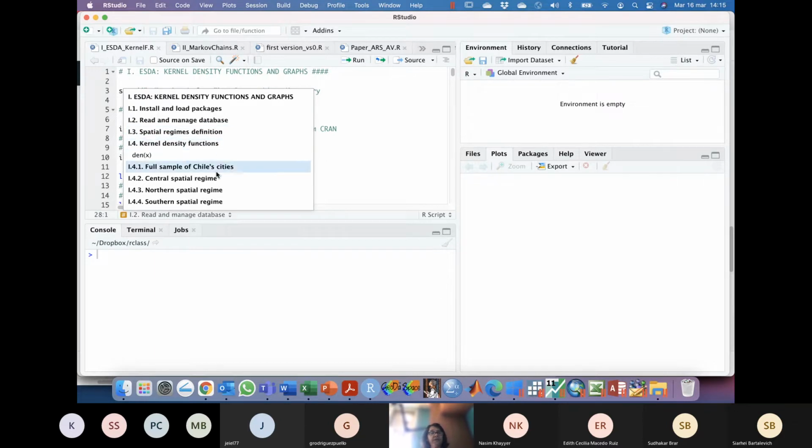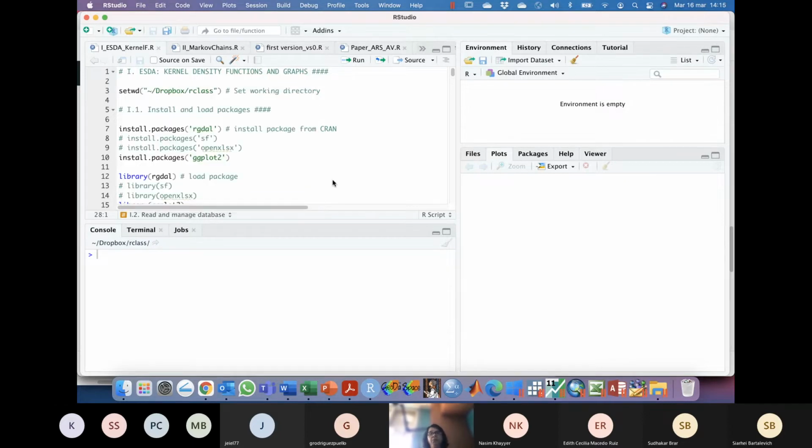For these kernel density functions, what we are going to do is consider the full sample of the Chilean cities, and then split and consider only the central part of the country, the cities that are part of the central regime, the northern regime, and the southern regime. So you can reproduce what is done here with your own database.